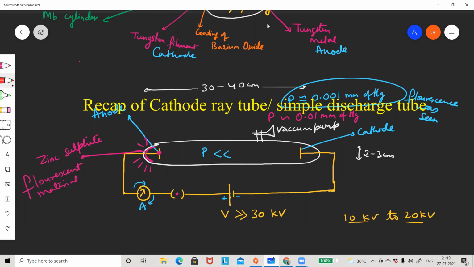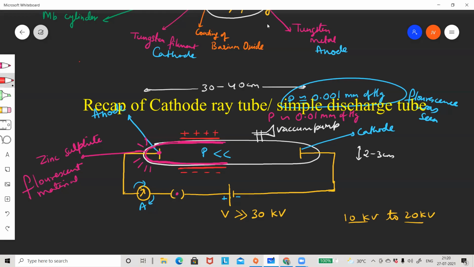And then this discharge tube was placed between another two electrodes, which were connected to some DC source, one of them positively charged, another negatively charged. Just to tell you how it is understood, say this part of the tube was coated, which I'm doing with pink, with a fluorescent material.